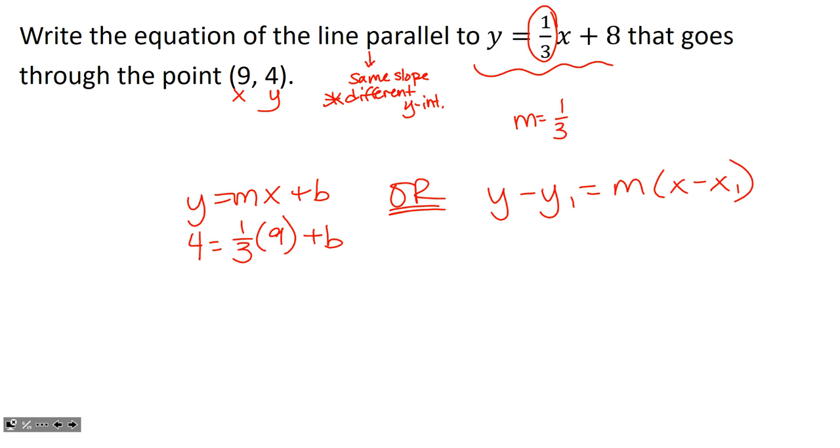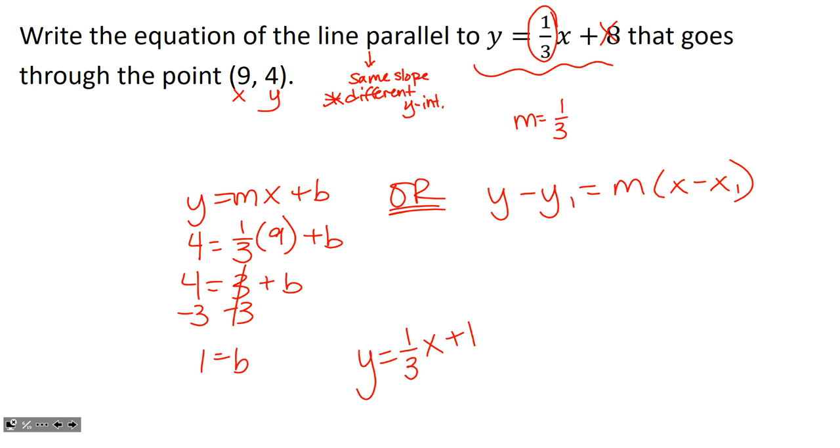Parallel lines have different y-intercepts, so you don't want to use this 8. You need plus b. Now we're going to solve for b. Multiply 1/3 times 9, you get 3. Solve for b, and you get 1 is equal to b. So my equation is y is equal to 1/3 x plus 1.